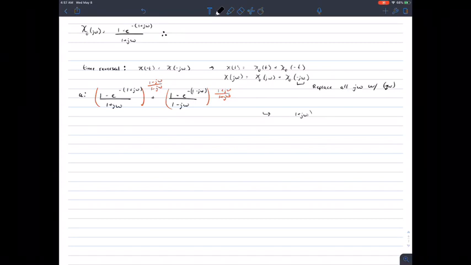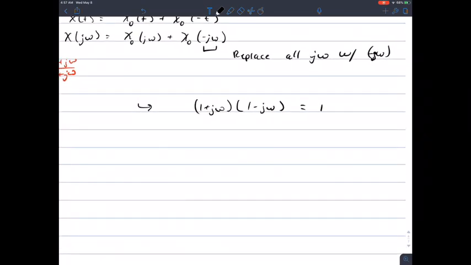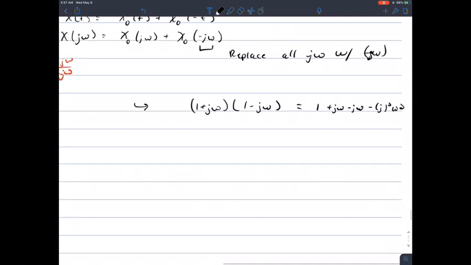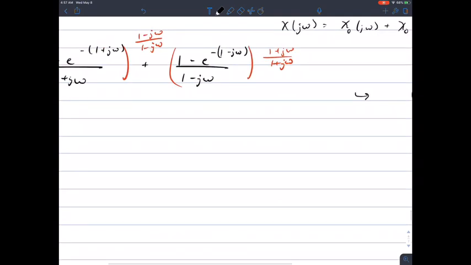So 1 plus j omega times 1 minus j omega is equal to 1 plus j omega minus j omega minus j squared omega squared. It's going to equal 1 plus, so j squared is negative 1, negative 1 times negative 1 is 1 times omega squared. It's just omega squared. Okay? That's your common denominator.